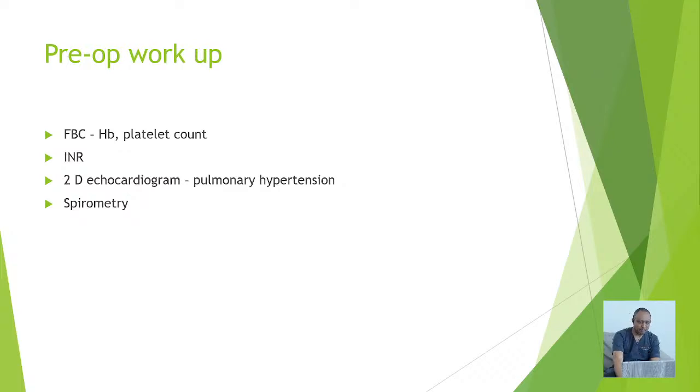And the basic workup that we must do for our patients is we do a full blood count, we check the coagulation, we do an echocardiogram to assess for pulmonary hypertension, and we also do a diagnostic spirometry. And once we have all this, we'll be able to select those patients who are low risk.